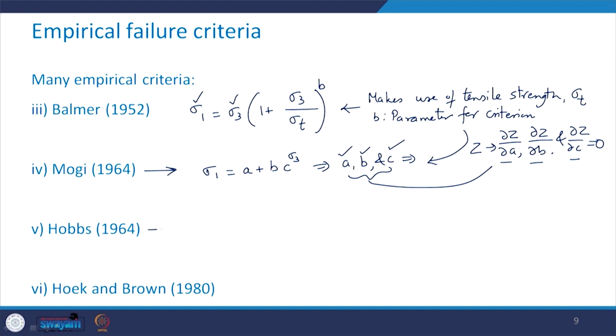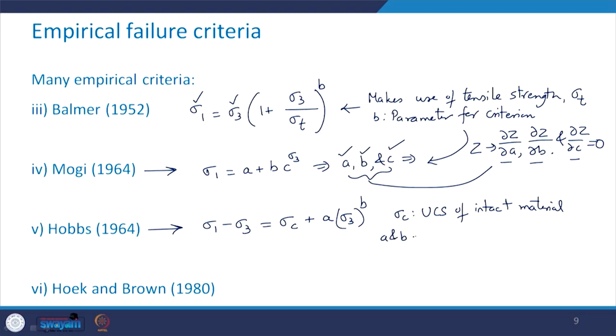Similarly, another one was given by Hobbs, that was given by this equation sigma 1 minus sigma 3 equal to sigma C plus A sigma 3 to the power B, where this sigma C is again the UCS of intact material or intact rock.